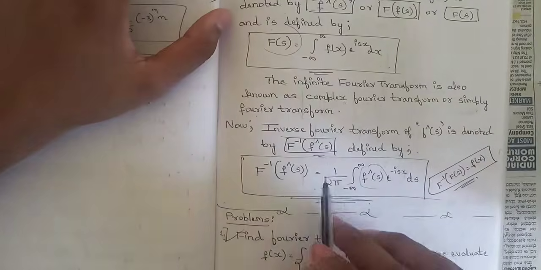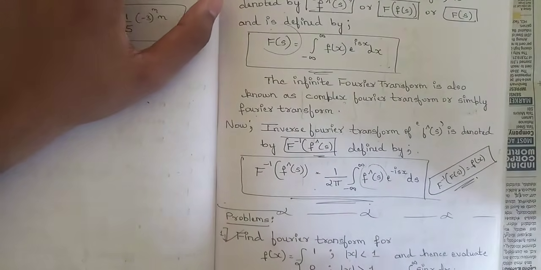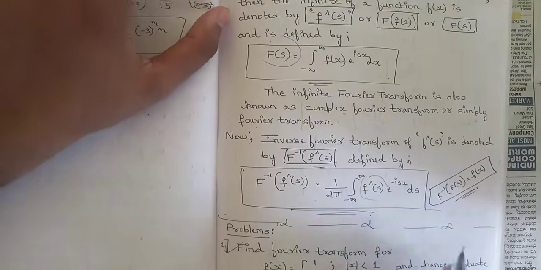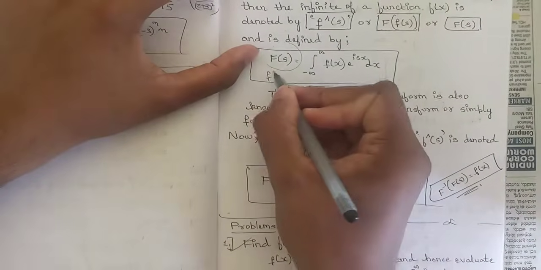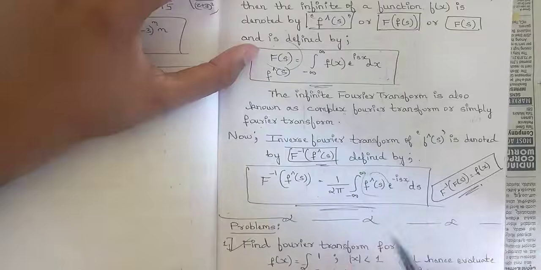In order to determine the inverse Fourier transform, first we need to determine the Fourier transform of the function, that is F of s. This also can be written as f cap of s. It's one and the same.